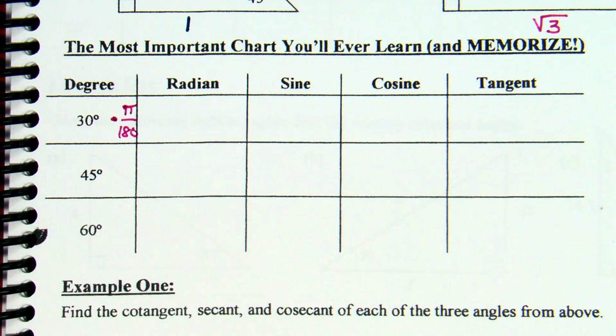Times pi over 180, so think 30 pi over 180. What do you know about 30 over 180? 1 over 6, because it's 3/18, which reduces to 1/6, so this is going to be pi over 6.